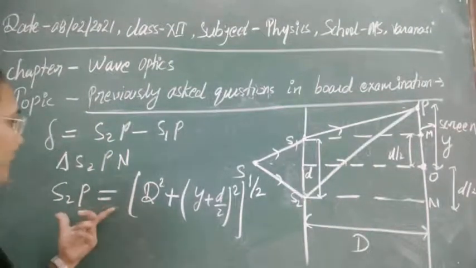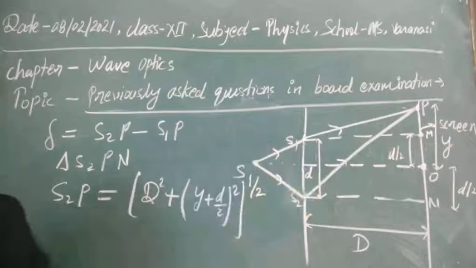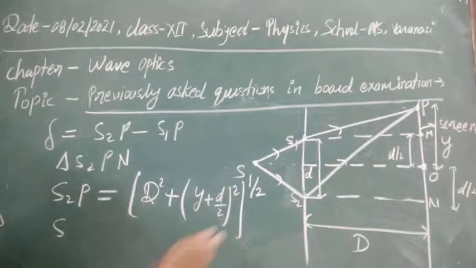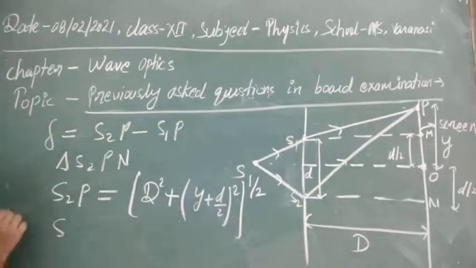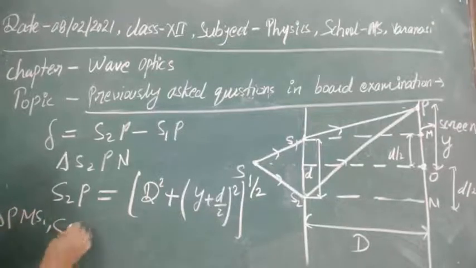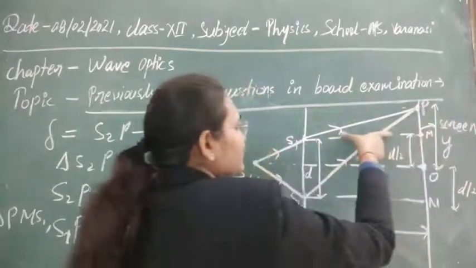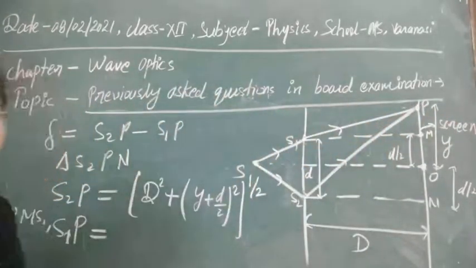So we can obtain S2P easily by using geometry, and again we can find S1P using the triangle S1PM. So S1P will be equal to this square plus this square, whole to the power 1 by 2.